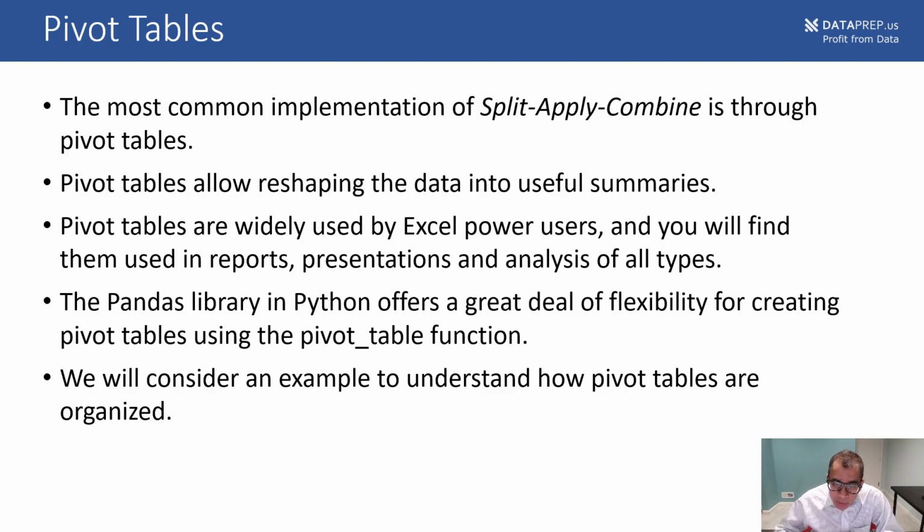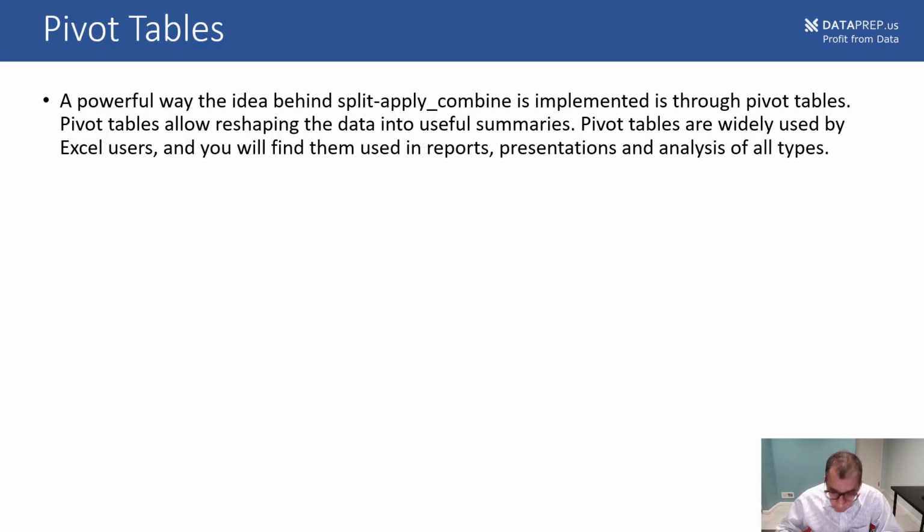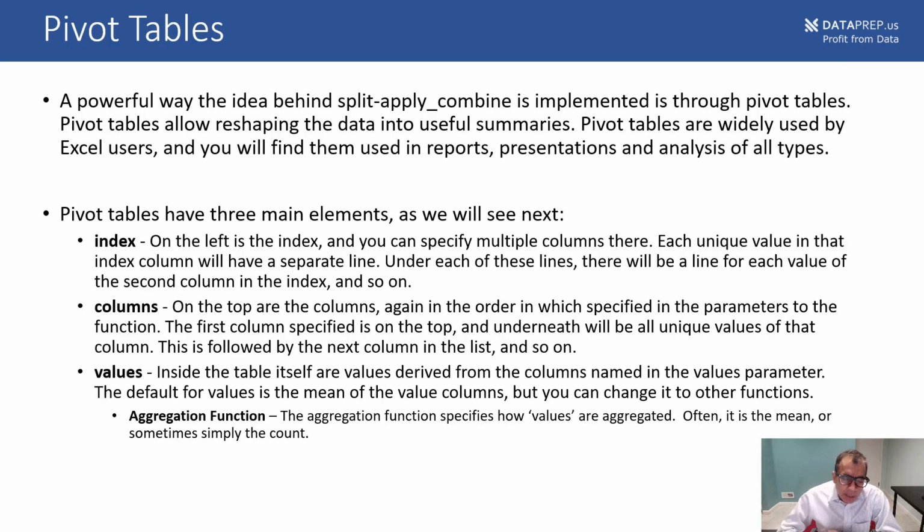Let's look at an example to understand how pivot tables are organized and how they work. So pivot tables have three main elements. Those who have seen a pivot table know, and if you haven't, we will get to those in a minute, so bear with me. They look like a table. On the left hand side, they have what is called an index.